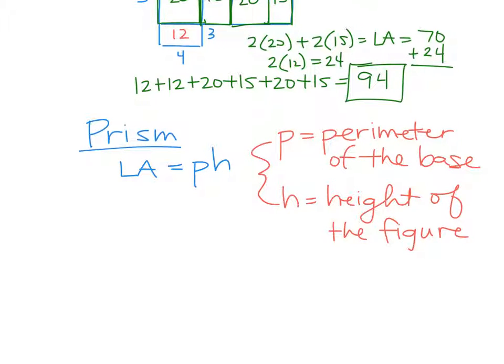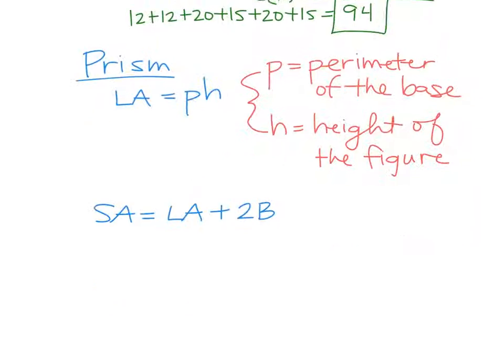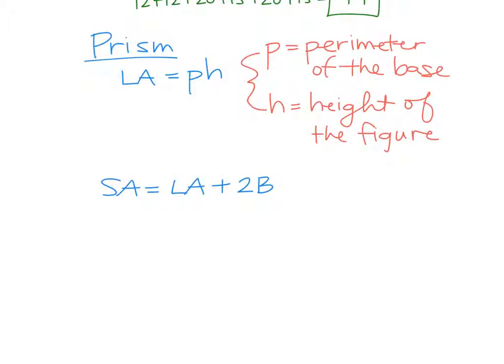Then, for the surface area formula, you're gonna take the lateral area and you're gonna add 2B to it. What do you suppose a capital B stands for? Base, okay? But again, write this down because you can't just say, oh, 2 times the base. What about the base? We have to find the area of the base.